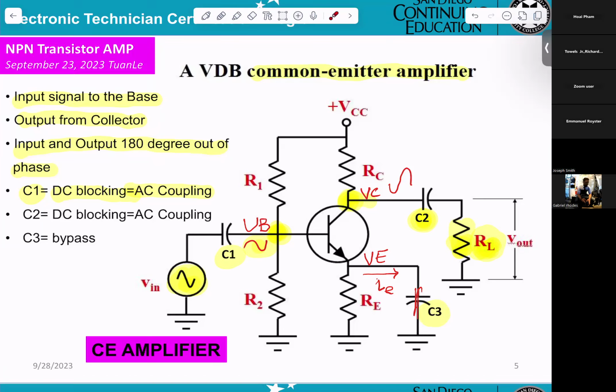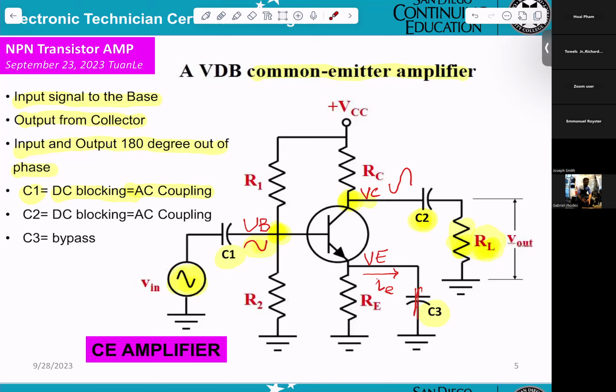First one will be a DC voltage, and also you get a sine wave coming here, AC. So when you connect to the speaker here, you need the capacitor. This capacitor will block the DC from the collector, so that DC cannot go to the speaker. It allows only the AC signal to go to the speaker.